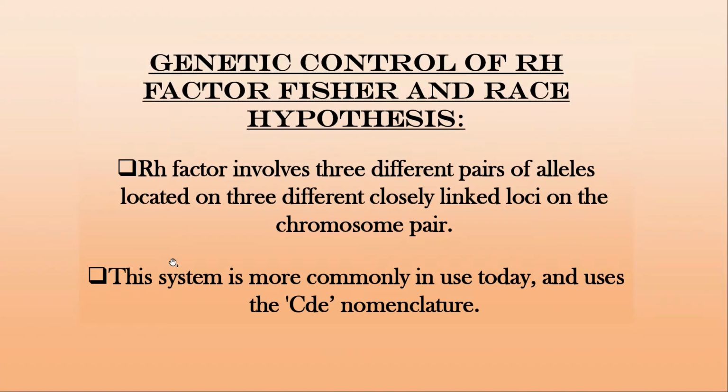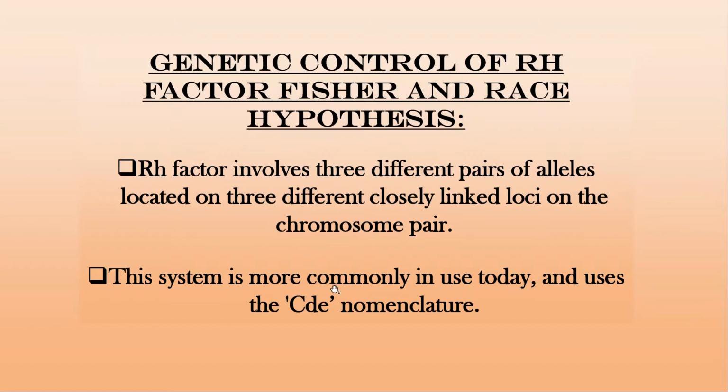The genetic control of RH factor: Fisher and Race's hypothesis. RH factor involves three different pairs of alleles located on three different closely linked loci in a chromosome pair.